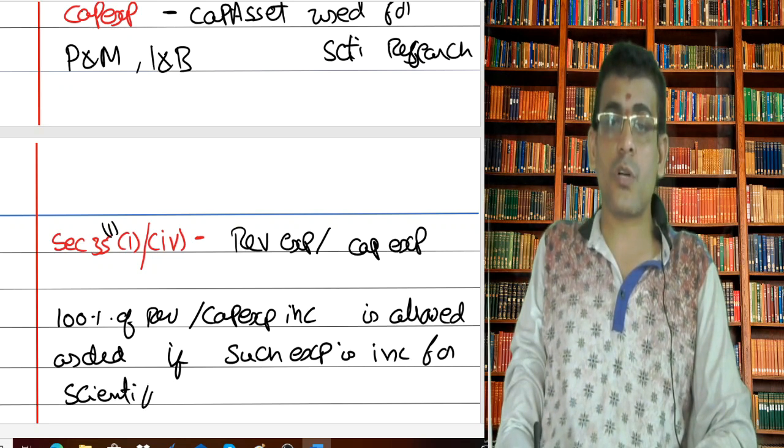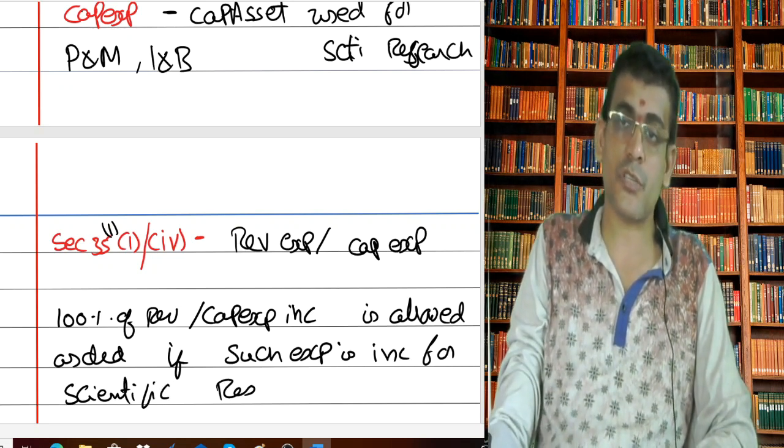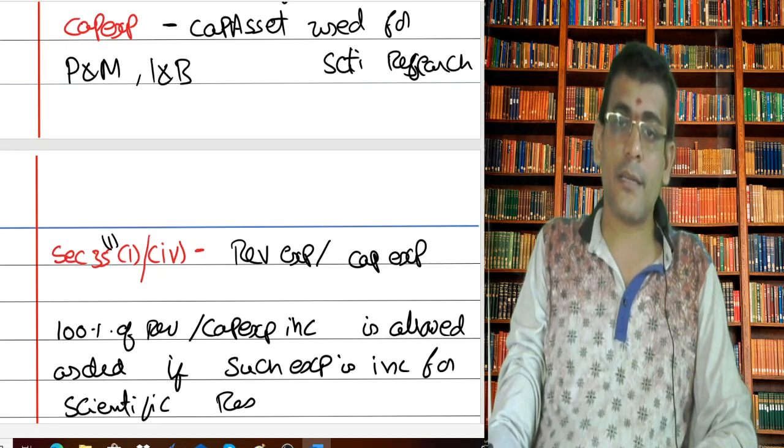If any sort of revenue or capital expenditure is incurred for scientific research, ultimately that expense is allowed as a deduction.